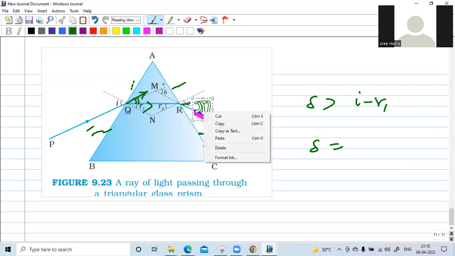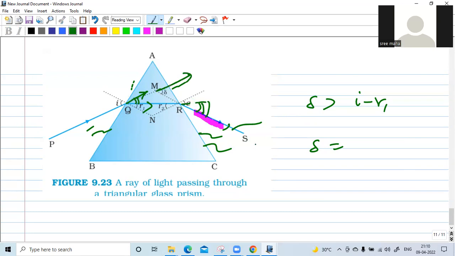The total deflection delta is between the initial incident ray and the final emergent ray. This deflection is I minus R1, and the second deflection is E minus R2.